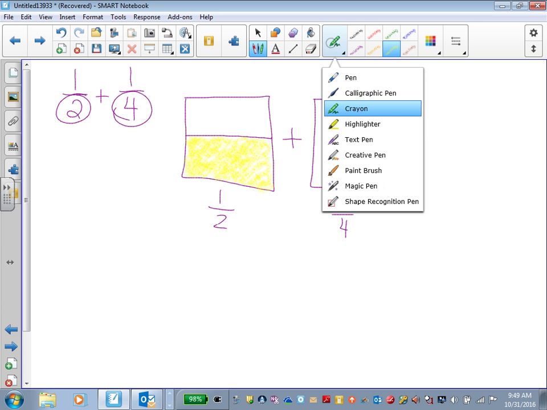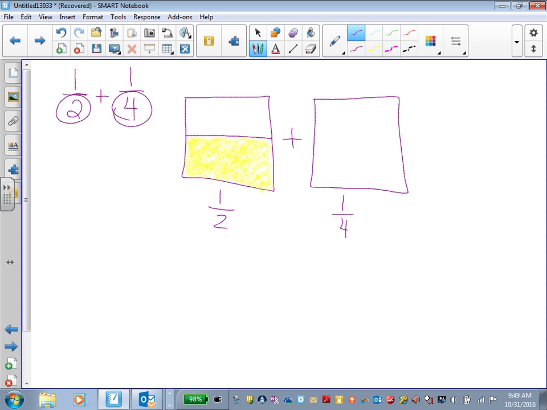Now we're going to do the same thing with our 1/4 box, but I want to do it in a different direction. So how can I model this box? Brooklyn? You do it horizontally. Well, we did horizontally. Remember, horizontal is like a horizon, so it's going across. So we're going to do vertical, meaning standing up.